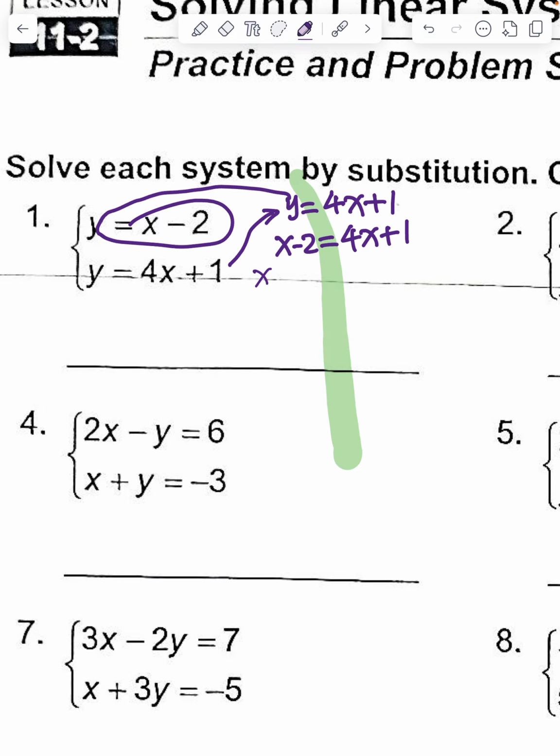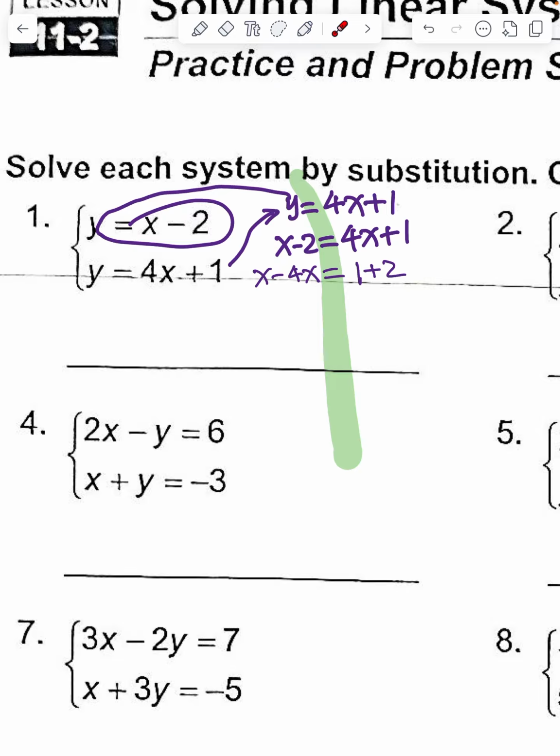So positive 4x, if I move it to a different side, becomes negative 4x, minus 4x. The 1 is not moving, positive 1, I just copy it. And the negative 2, I move it from left to right, so I change negative 2 to plus 2.